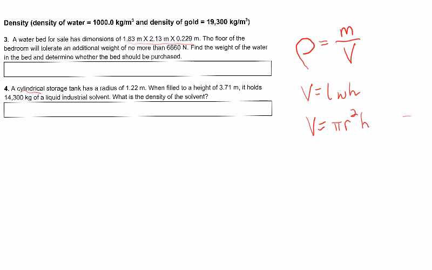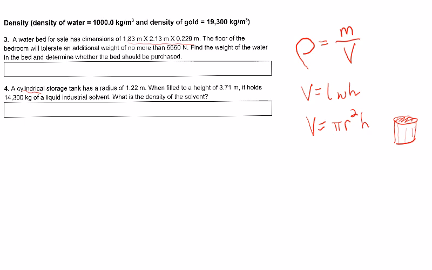You have this circle and then the height of the cylinder, so you're finding the area of this shape and then multiplying by the length to get the full volume. That's a key one for this. So in both of these cases, we're going to have to find the volumes of these objects.